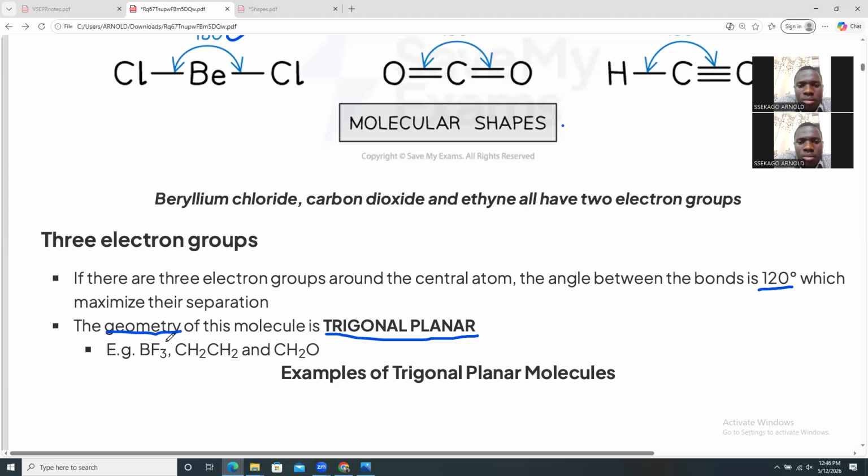Let us start with this one, which is very easy: boron trifluoride. Do you know how it looks? Boron trifluoride is boron with 3 single bonds, boron carrying 3 fluorines, making a total of 3 electronic groups.